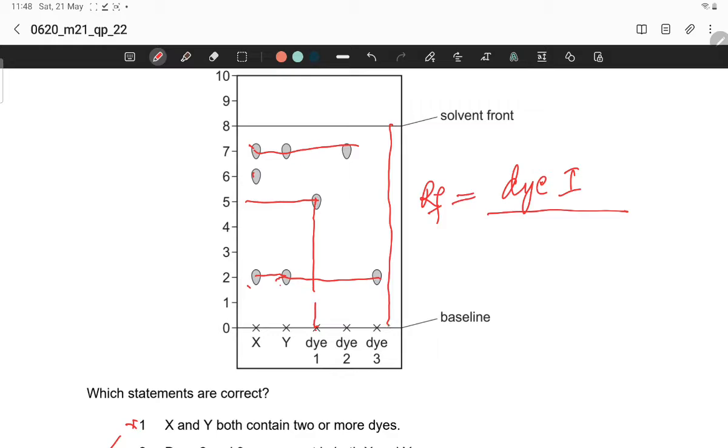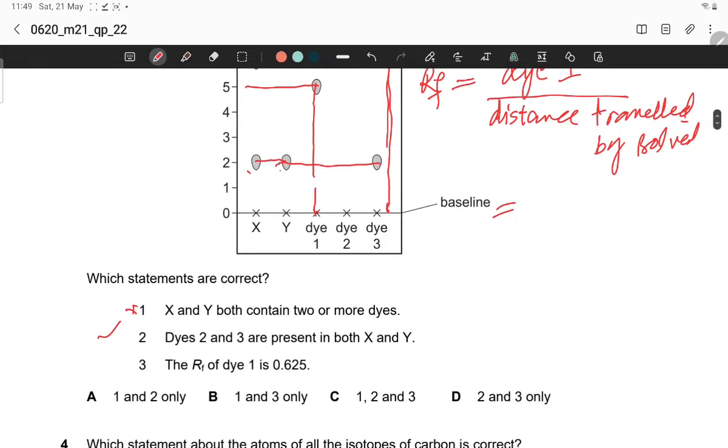This is the distance traveled by the solvent, by measuring this. So this is equal to 0.625.